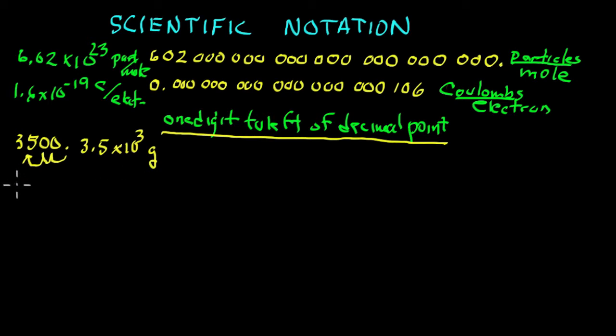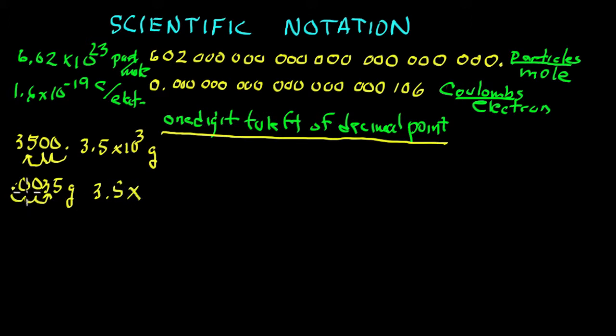Or you could have a number such as this, 0.0035 grams. And again, you get one digit to the left of the decimal point, so you count this way, to the right. 1, 2, 3. There's your point. Becomes 3.5.